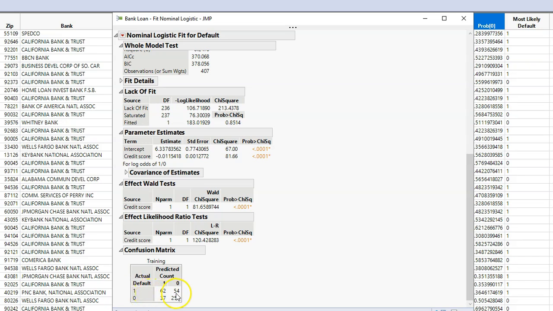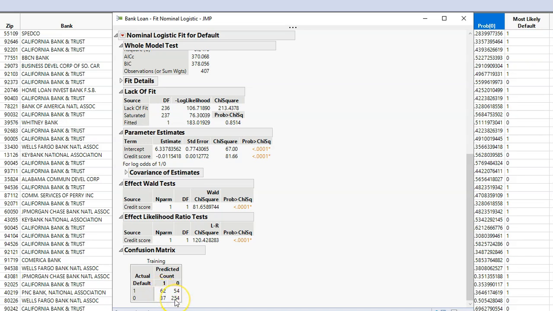How many of them were not predicted correctly? 54 of them. If they did not default, how many of them were incorrectly considered they will default? 37. And if they did not default, how many of them were considered they did not default? 250. This is correct.